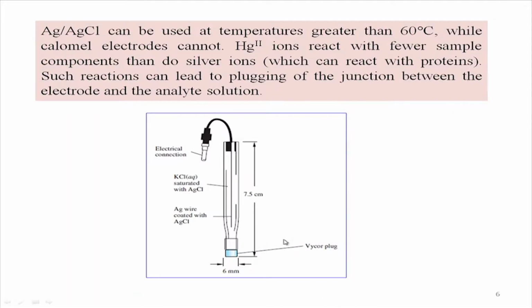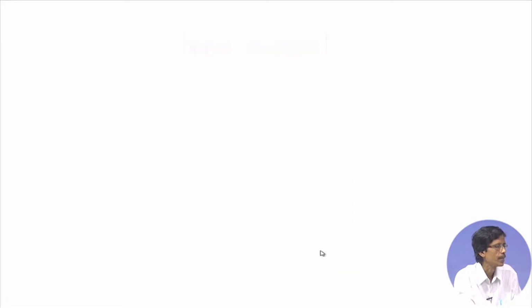A combination of your reference electrode and indicator electrode, when put together, we can consider for measuring the protons. The concentration of the protons in the solution is measured by your corresponding pH electrode or the glass electrode we call, because we use the glass membrane. So, the glass electrode we basically use for these.